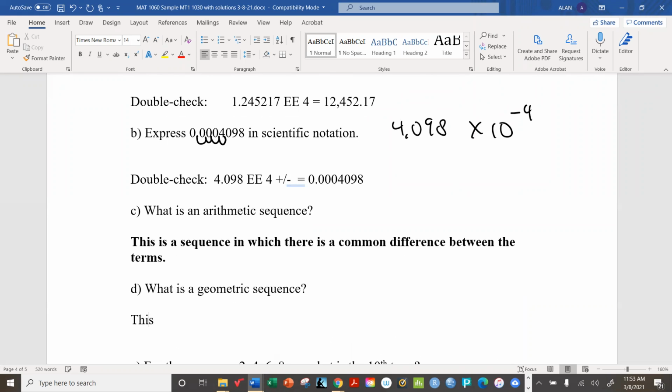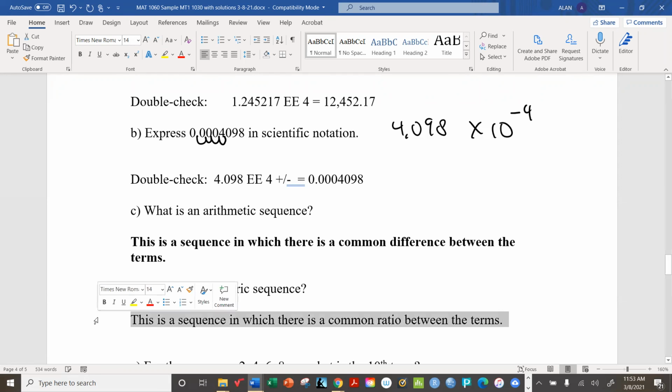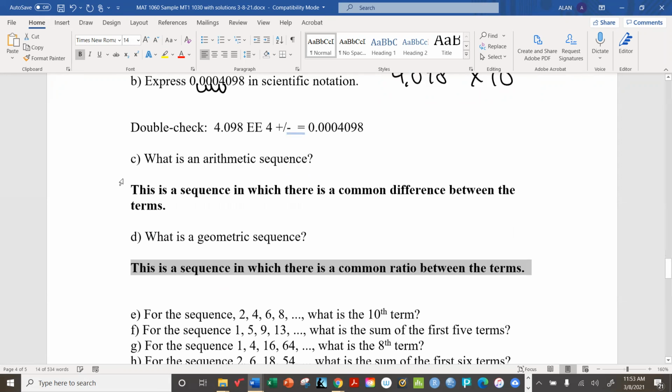And then for the geometric, we just say this is a sequence in which there is a common ratio between the terms. That's the key difference. One has a common ratio, one has a common difference.